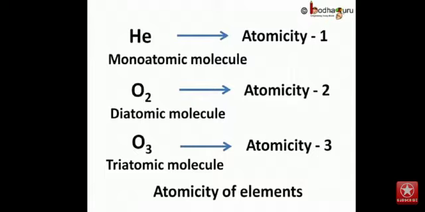But a molecule of oxygen consists of two atoms, and hence it is known as a diatomic molecule, and it is represented as O2. Now, if three atoms of oxygen unite in a molecule instead of two, we get ozone, and its symbol is O3. So it's a triatomic molecule, and it has atomicity equal to 3, as 3 atoms make up one molecule.